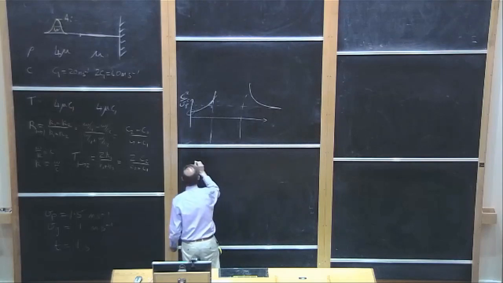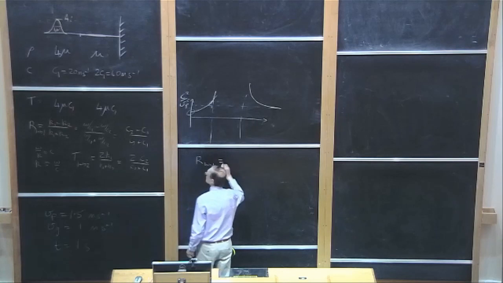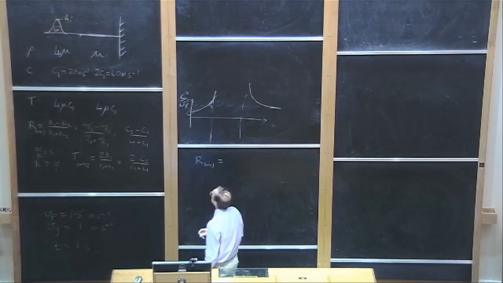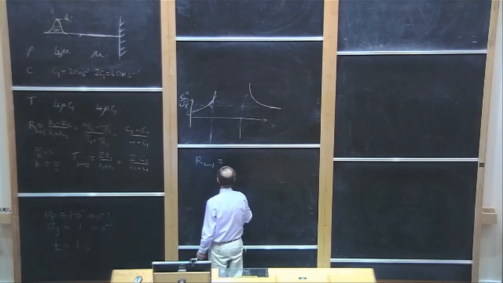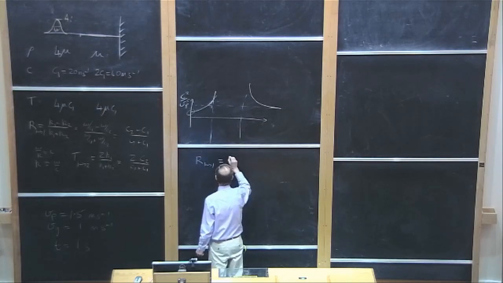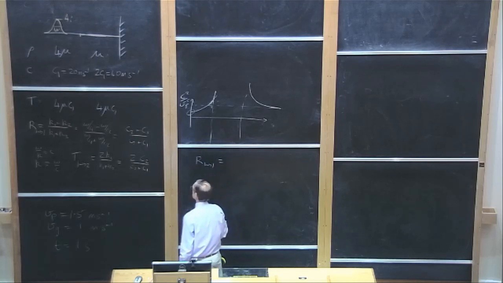So the reflection coefficient from 1 to 1 is 40 minus 20 over 40 plus 20, which is 20 over 60, which is 1/3. Sorry, I say that wrong.